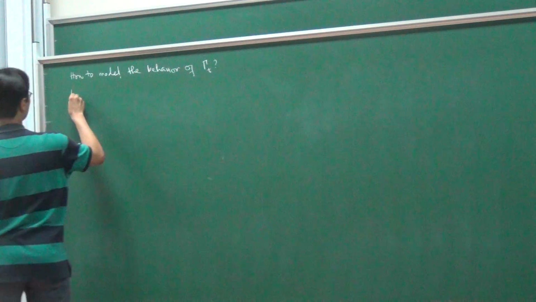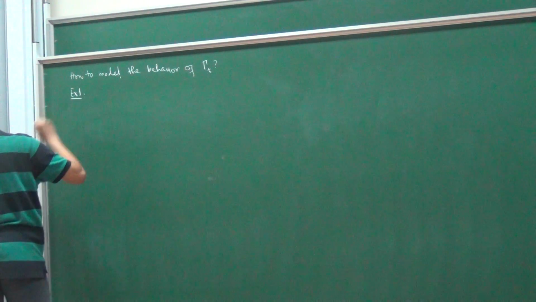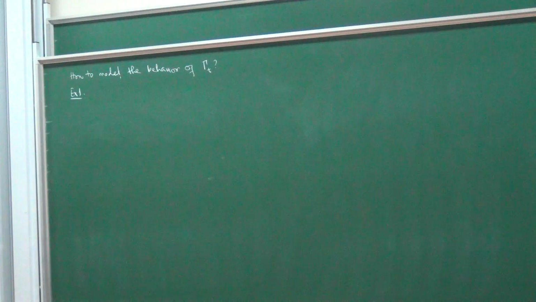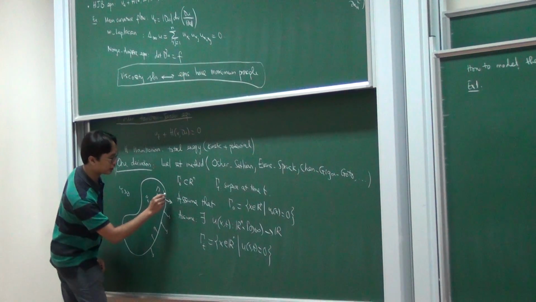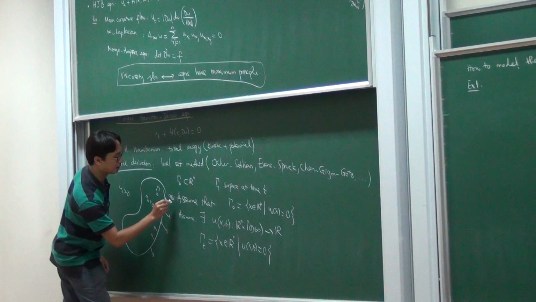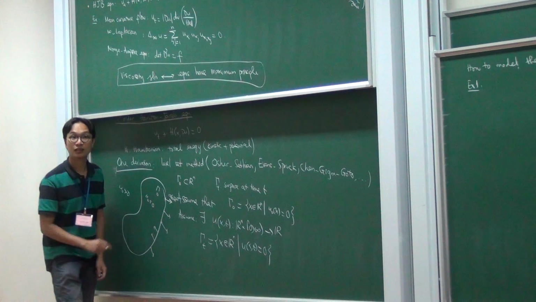So the first example is that now let's say I assume that at any point of the movement, it moves in the normal direction with some velocity a(x) times the normal vector.